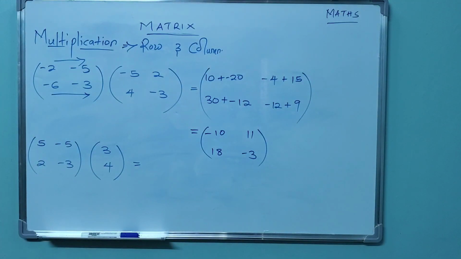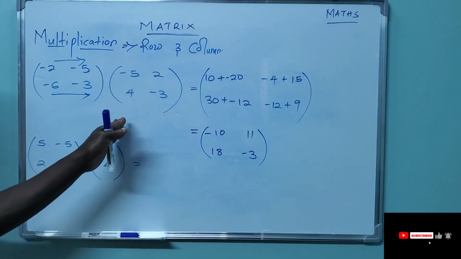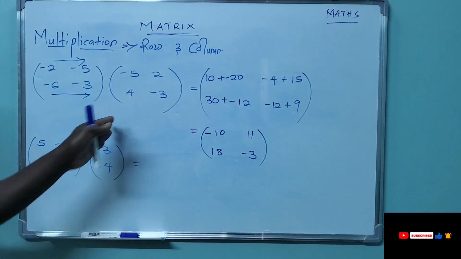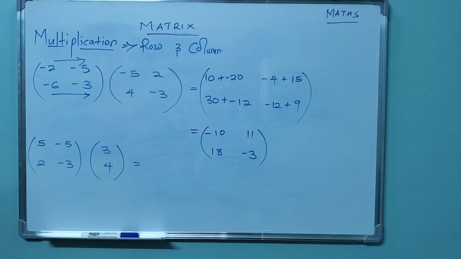Remember I've told you that with multiplication of matrices, you can multiply a 2 by 2 matrix and a 2 by 1 matrix. This one is a 2 by 2 matrix, this one is a 2 by 1 matrix. We can multiply the two, so in this case, we can multiply these two matrices.